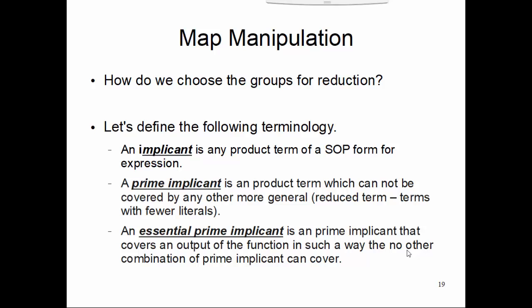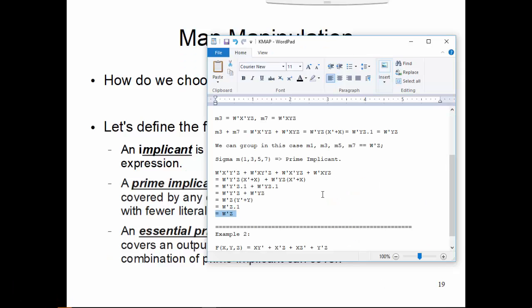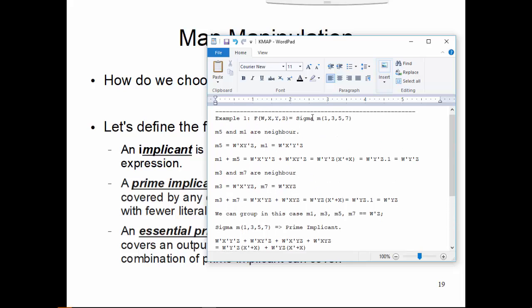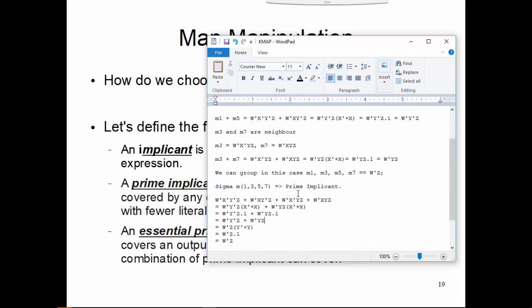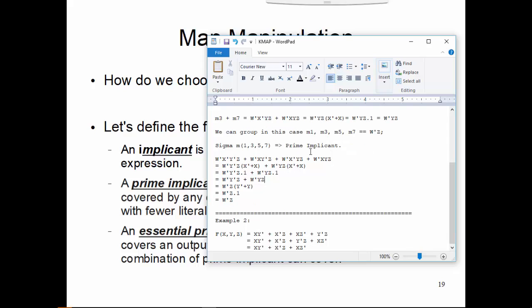That's the definition of an essential prime implicant. In our example, going back to this one, we don't have any other implicant or prime implicant at all. So this one is going to be my essential prime implicant as well, and the reduced term is W bar Z.